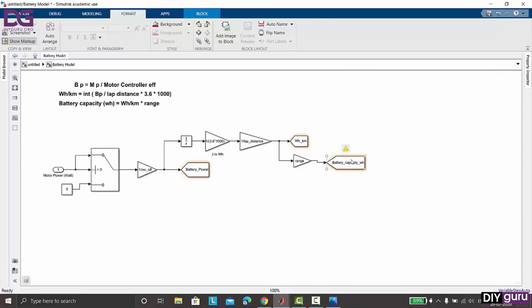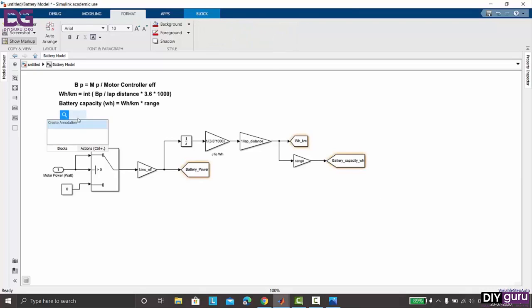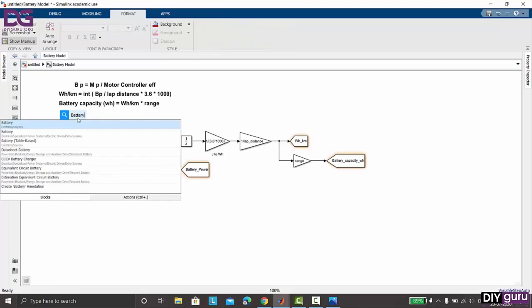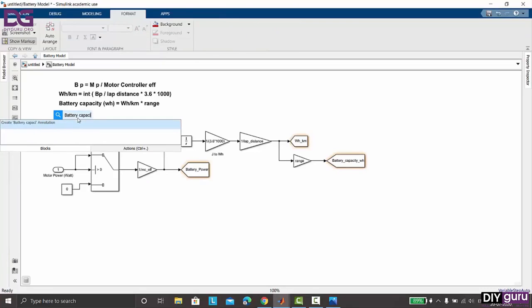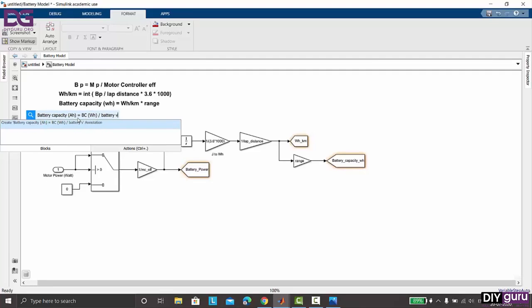So once we get the battery capacity in watt hours, if we divide it by battery voltage, we get the battery capacity in ampere hours. So the battery capacity in ampere hours equals the battery capacity in watt hours divided by battery voltage.